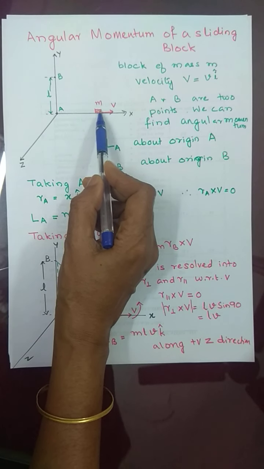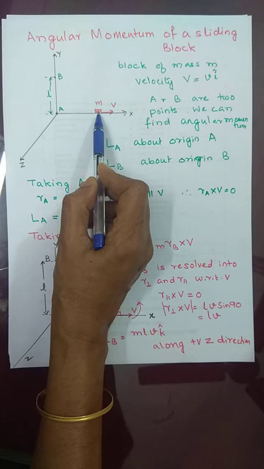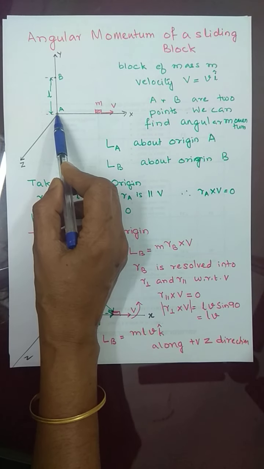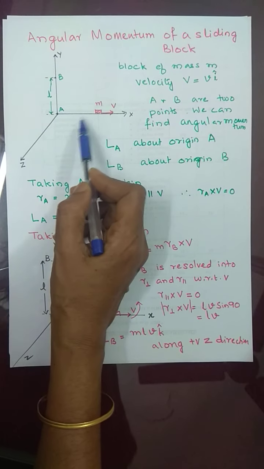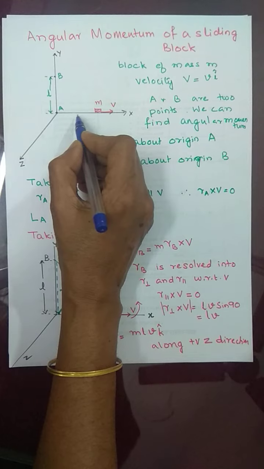If this is the point where you have kept the block of mass m, the position vector is the distance from the origin A to this point, that is RA.